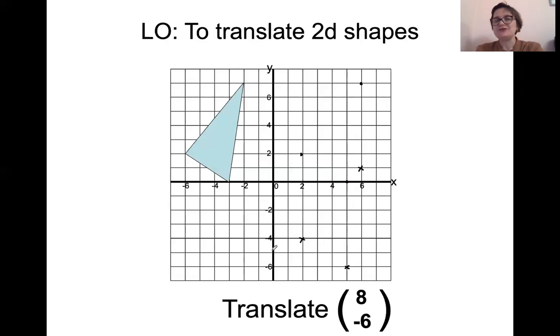Okay. So see how we worked with every vertex of the triangle, and this is how we cope with all 2D shapes. Plot the vertices first and then join them together. And now it is our time to join the points together. There you go.